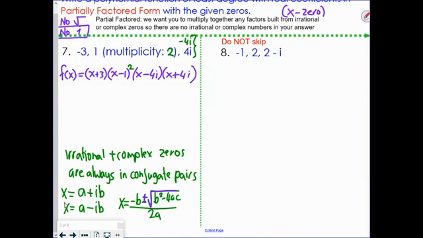Now, the way I'd like you to multiply them together is to always recognize when you've got difference of squares. Remember, difference of squares: if you ever see two factors with the same beginning and end, and one of them's got a plus and the other's got a minus, doesn't matter what order they're in, if you multiply those out using FOIL, you'd get a squared.